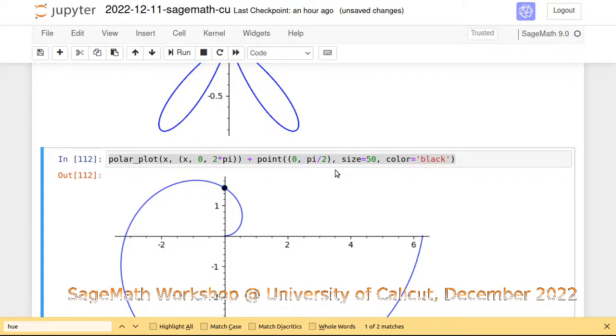Many familiar pictures like the cardioid, etc. can be constructed easily using this polar plot.